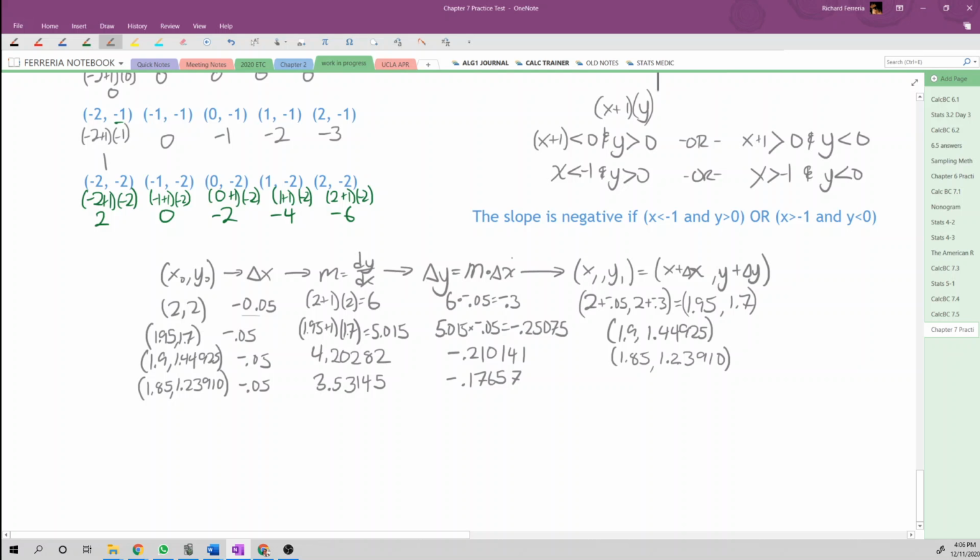And lastly, x plus delta x, that's 1.85 plus negative 0.05, that's 1.8. And then 1.239 plus delta y, negative 0.176, 1.06253. So after all of that, we can say f of 1.8 is approximately equal to 1.06253.